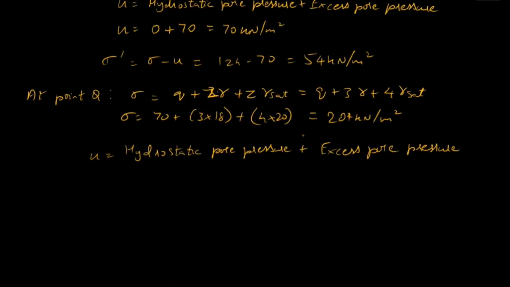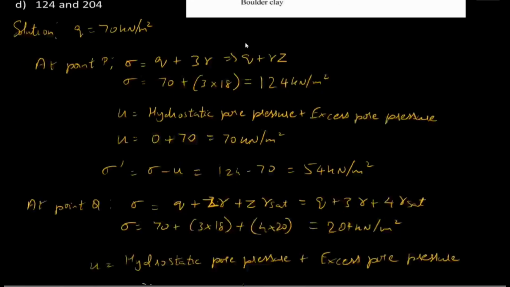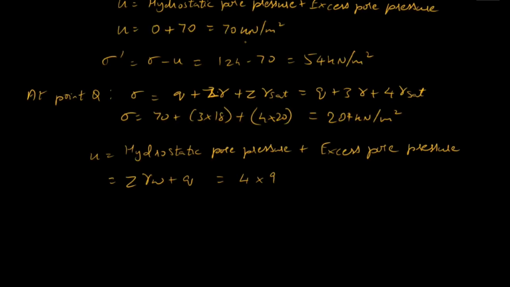So hydrostatic pore pressure will be Z gamma W plus excess pore pressure, which is nothing but the surcharge. That is 4 into 9.81, they have given gamma W as 9.81, plus 70, which gives 109.24 kilonewton per meter square.